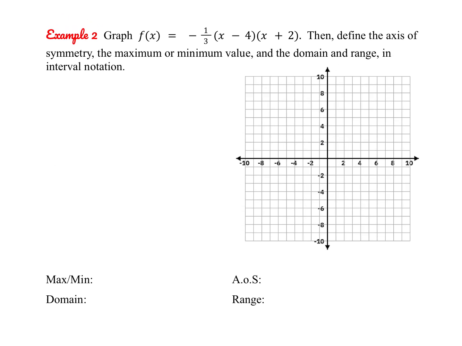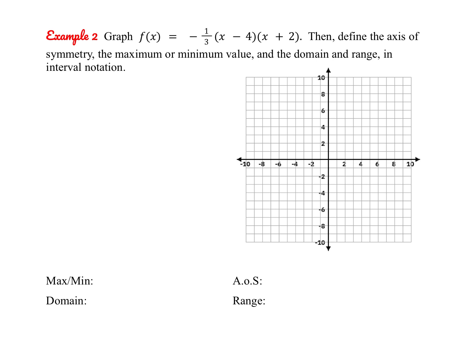All right, let's try another one together. Again, I can see that my x-intercepts are going to be +4, -2. Remember, they're opposites of what we see in the factors. So +4 and -2. Let's find the x value of our vertex by finding that halfway point. We add them up and we divide by 2, so our halfway point is x equals 1.